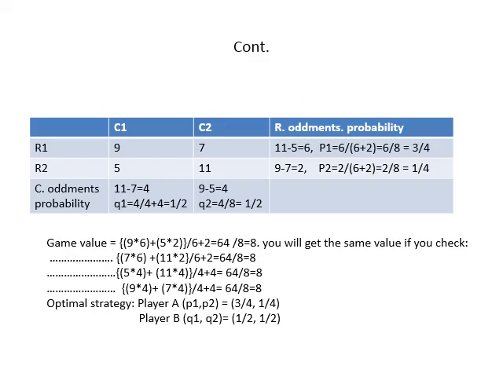Okay, this is how to use the oddments and probability to solve the mixed problem. Oddments means remains, the remain of.